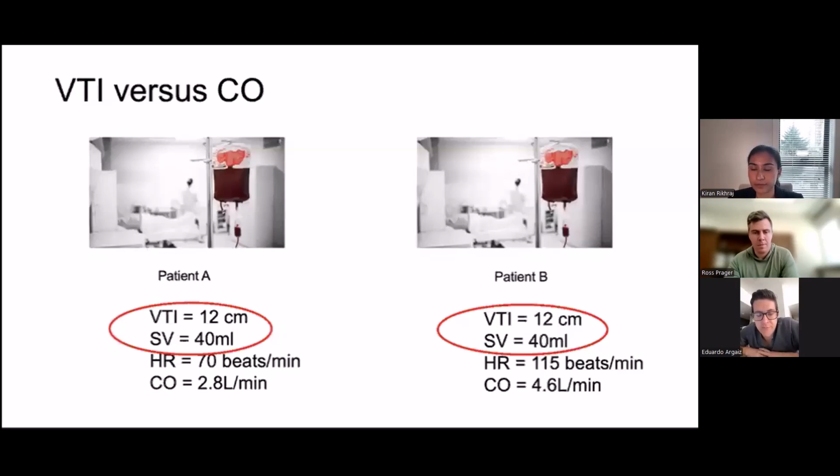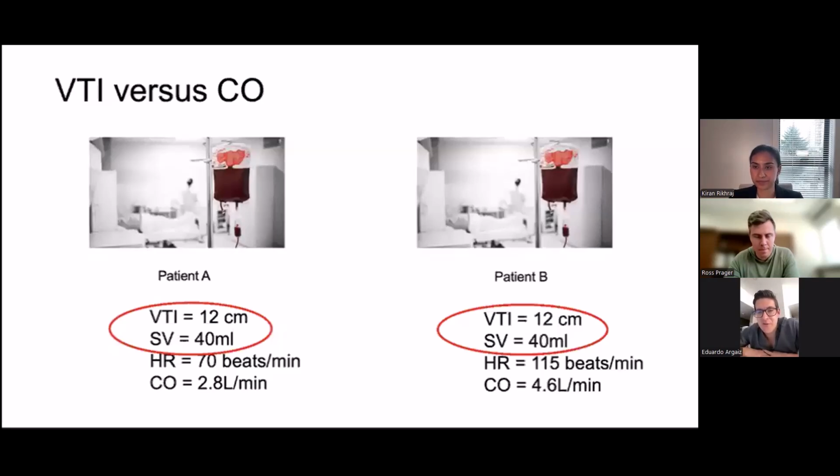Of course, we care about stroke volume, of which VTI, as you've said, is a surrogate, but heart rate is also important. And this has been described by Pablo Blanco in the Journal of Ultrasound, who tried to coin this term of minute distance, or what I like to call minute VTI, because it's easier to understand, but we need to remember VTI is just a distance, right?